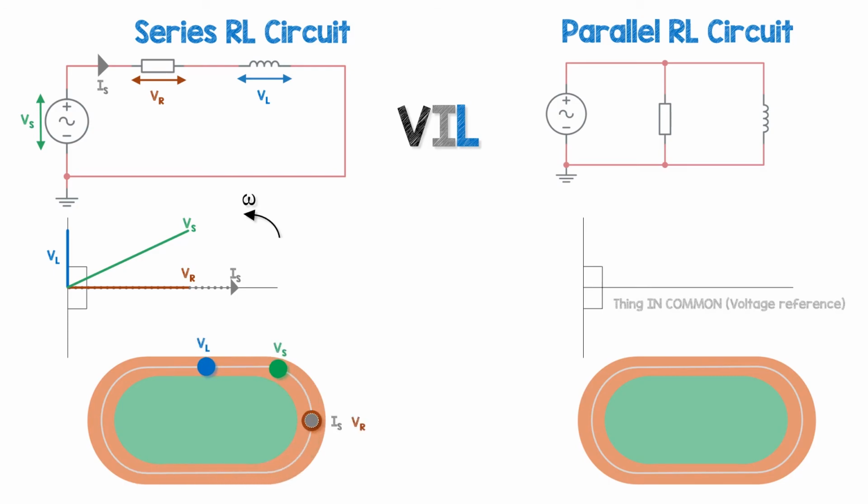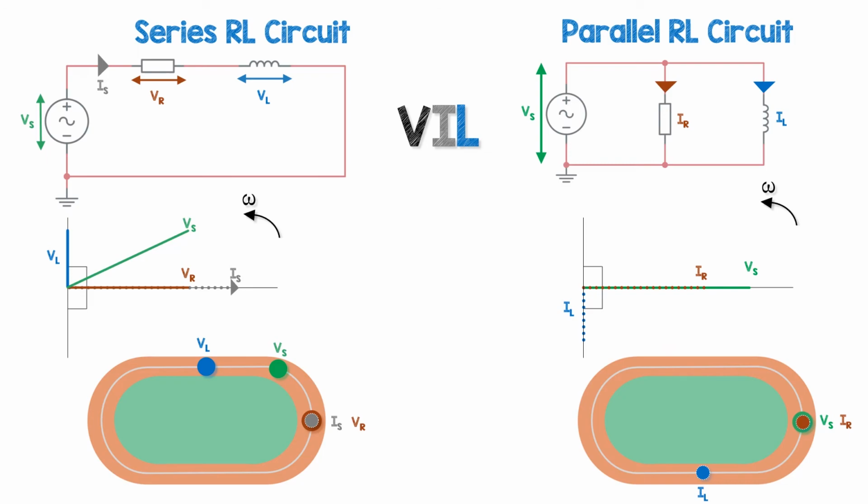For the parallel circuit, the thing in common is the voltage across the components, so that is on the x-axis to the right of the racetrack with 0 degrees phase. Everything else is with respect to the reference vector on our x-axis phasors.